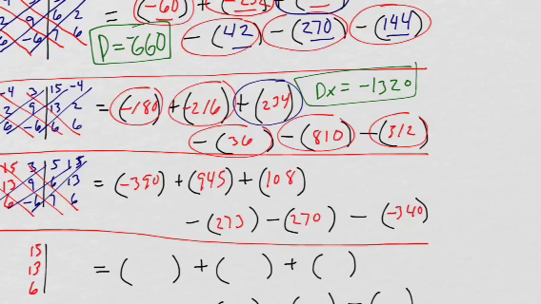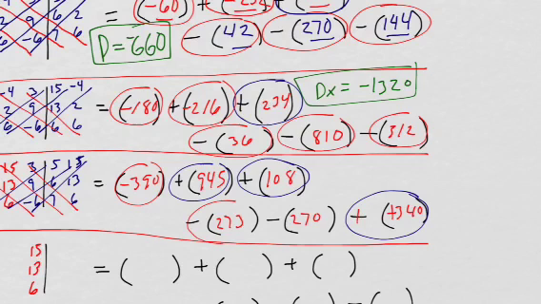So I remind myself a minus negative is a plus, so I add the positive terms, and I subtract the negative terms, and I get dy equals 660.